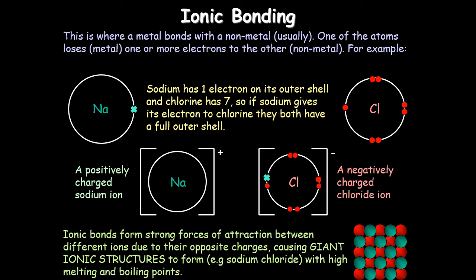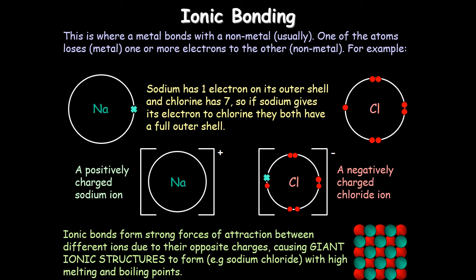Okay, now a bit about the properties of these ionic bonds. They are strong bonds because they are formed by the forces of attraction due to opposite charges. When you think about it, it's kind of like with magnets, with the north and south poles. The opposite attracts. It's the same here with the charges.